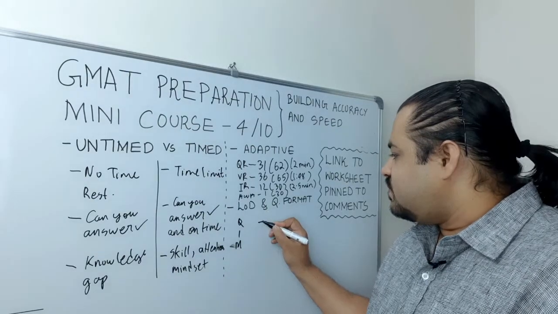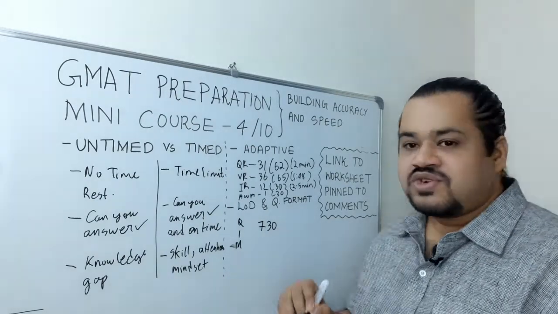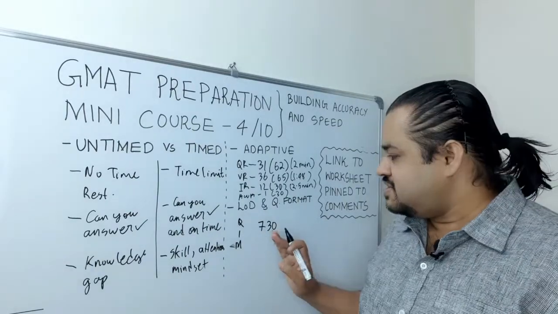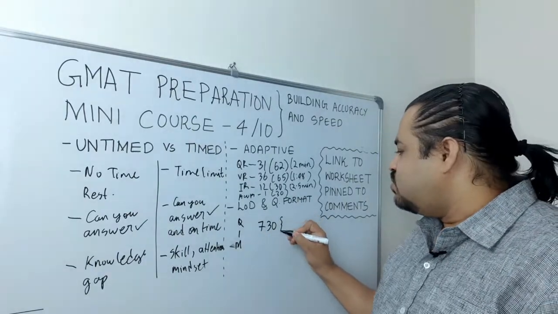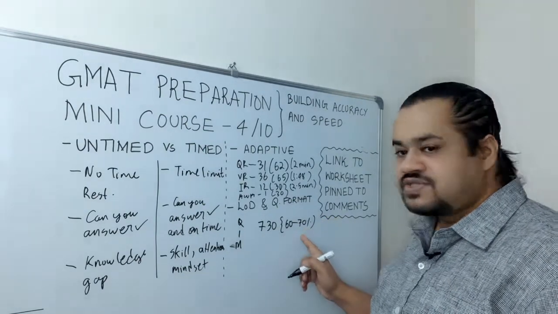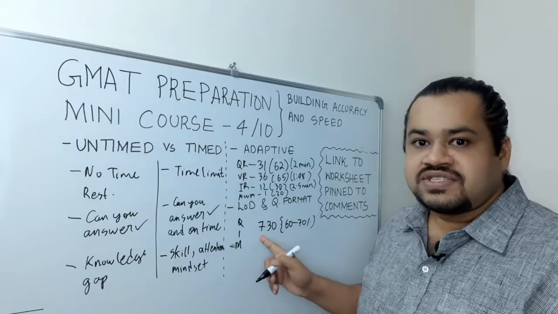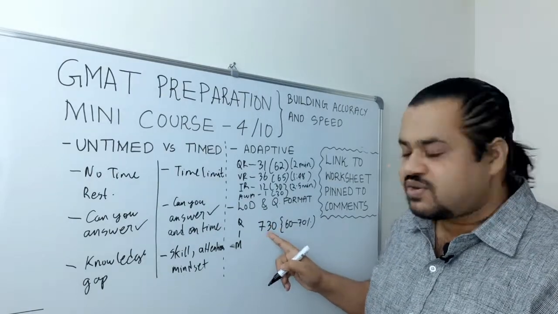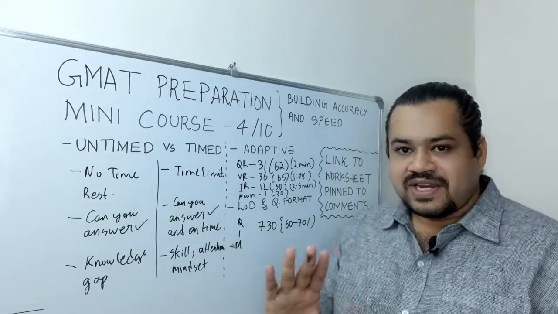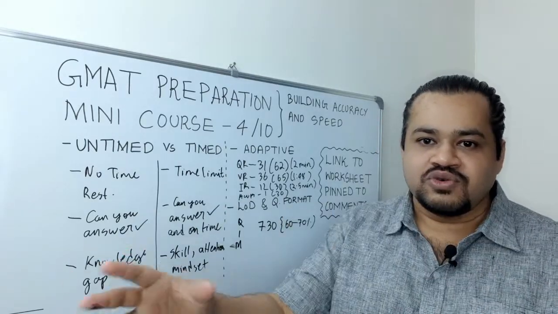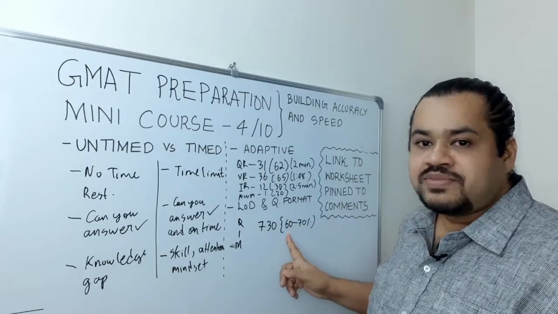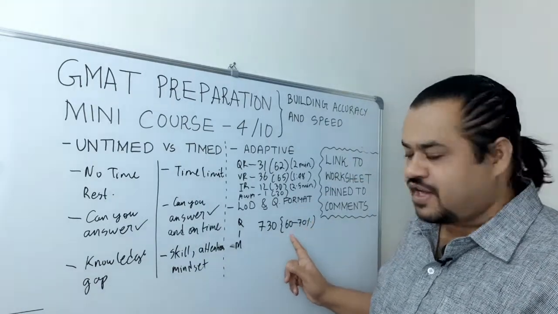And if you get, let's say, a score of 730, what that really means in terms of the GMAT algorithm is you can maintain 60 to 70% accuracy on questions classified as 730 level of difficulty. That means GMAT feels confident that if it keeps giving you 730 level questions, you will be able to maintain 60 to 70% accuracy.